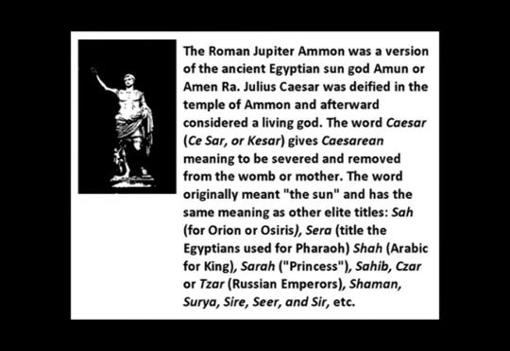The word originally meant the sun, and has the same meaning as other elite titles such as Sa, which meant Orion or Osiris, Sira, the title the Egyptians used for Pharaoh, Shah, which is the Arabic for king, Sera, which means princess, Sahib, Tsar or Czar, the Russian emperors, words like shaman, Surya, sire, seer, and sir, all represent the sun.